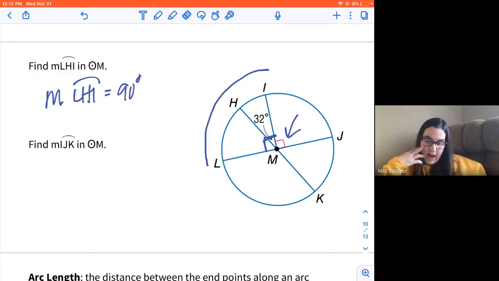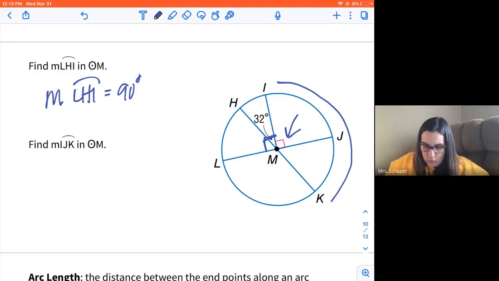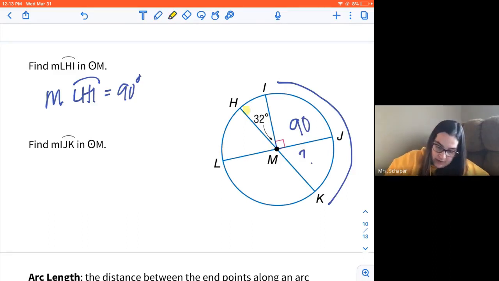Let's see here. Find IJK. I start at I, go through J, get to K. Okay, let's take a peek. So I know that this is 90. Now I've got to figure out what this is. Do you see how HK and LJ form vertical angles? That means that these two angle measurements are the same.